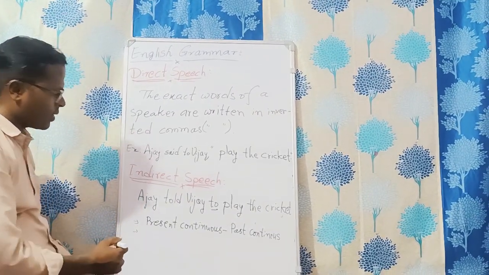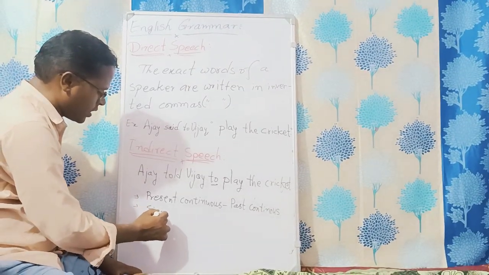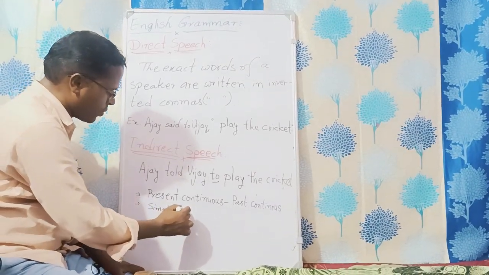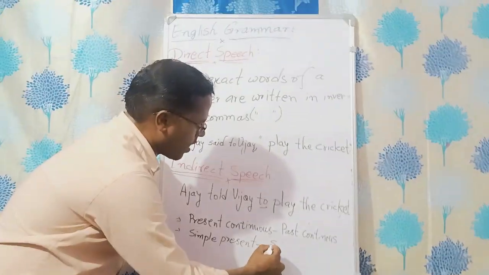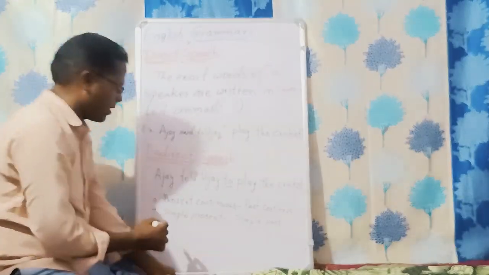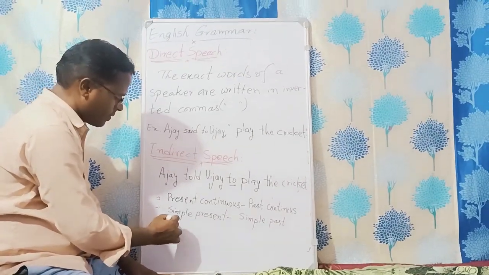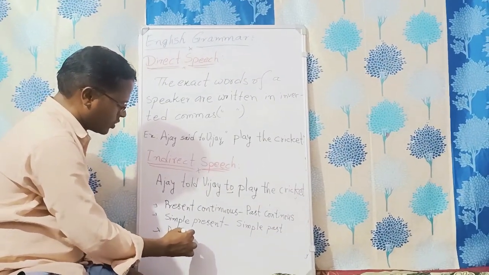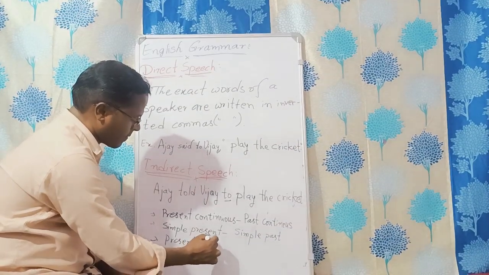In reporting, if the direct speech is simple present, you have to change into simple present. You have to change into simple past. And if the sentence is the present perfect, it changes into present perfect.